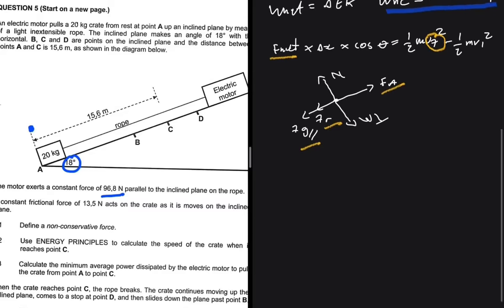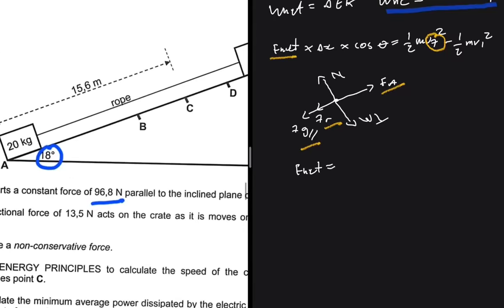If we find the net force, then the net force is equal to the force applied, which is 96.8. So we're going to have 96.8 minus the forces that are opposing, frictional force, that is 13.5, minus FG parallel. FG parallel is mg sine of theta.